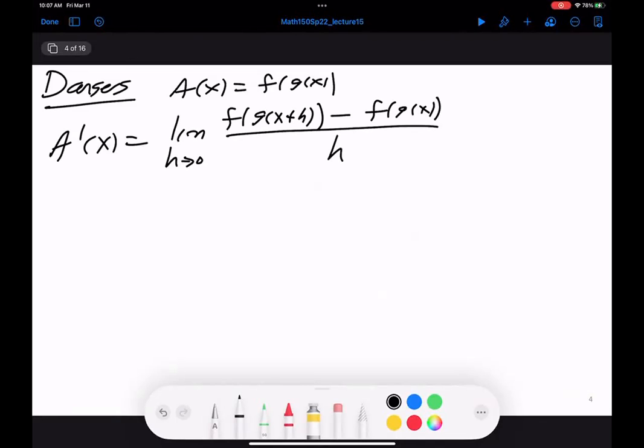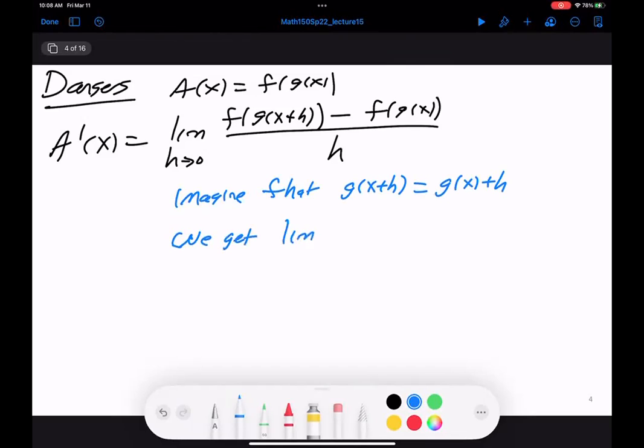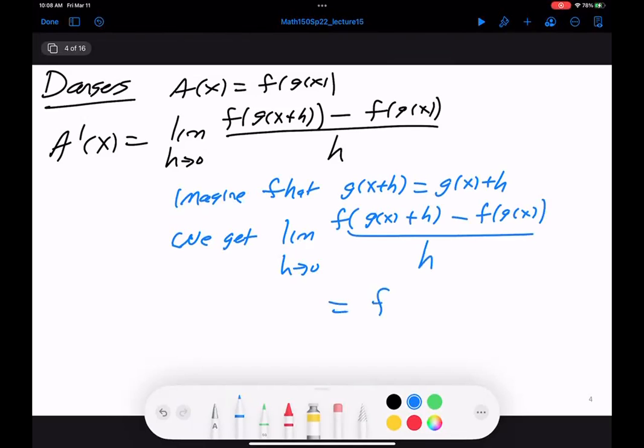Yeah, imagine, and this is not true, imagine that g of x plus h equals g of x plus h. We then get the limit as h goes to 0 of f of g of x plus h minus f of g of x, over h, which is just f prime at g of x.